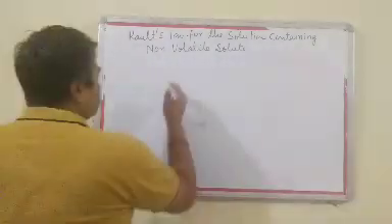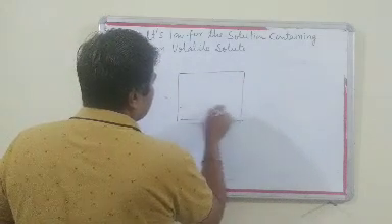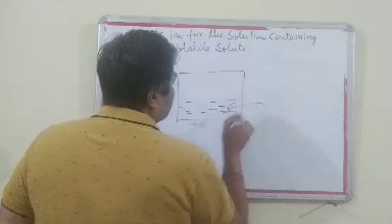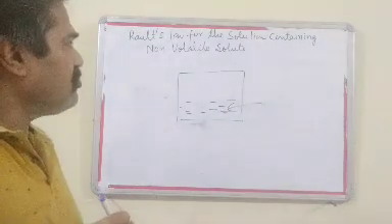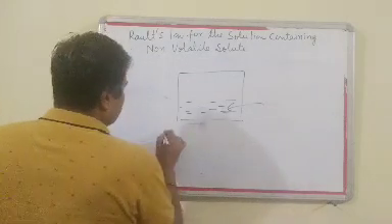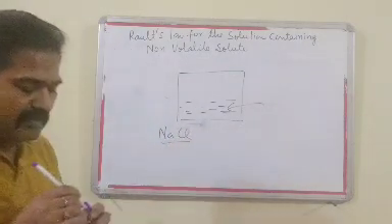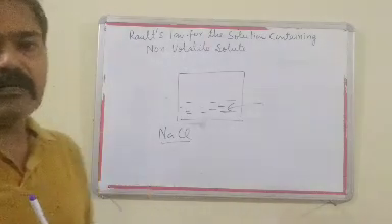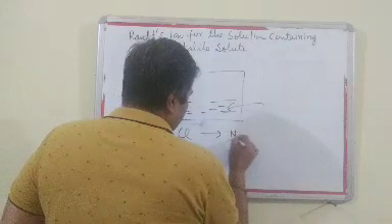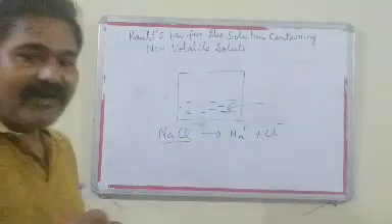Okay. For example, this is a solution which contains some amount of non-volatile solute. Suppose we added only one molecule of sodium chloride. This molecule will divide into two particles.